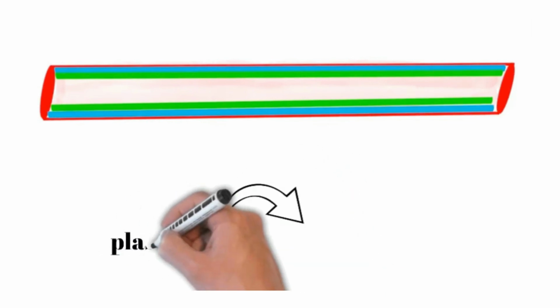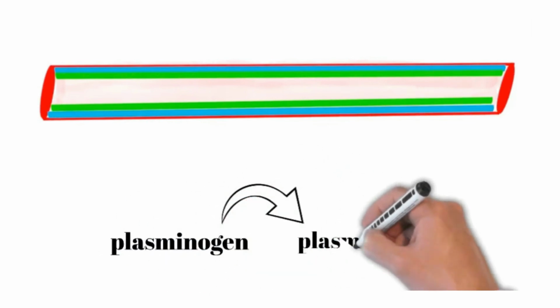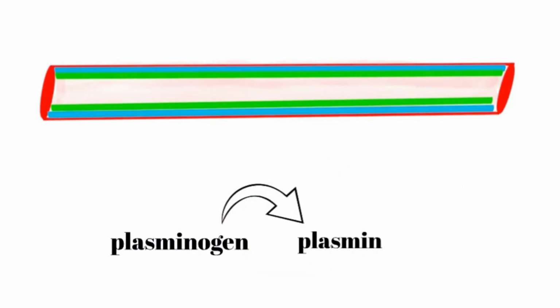So here we have the vessel wall has been repaired, and that's achieved by the secretion of growth factors from the platelets. And then once it's fully repaired, plasmin comes in to dissolve the clot. Plasmin is a plasma protein that is not always present, but its precursor, plasminogen, is certainly present.